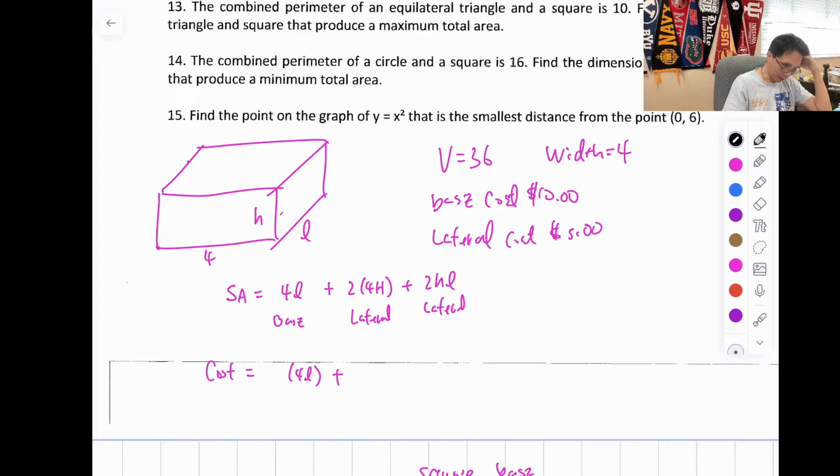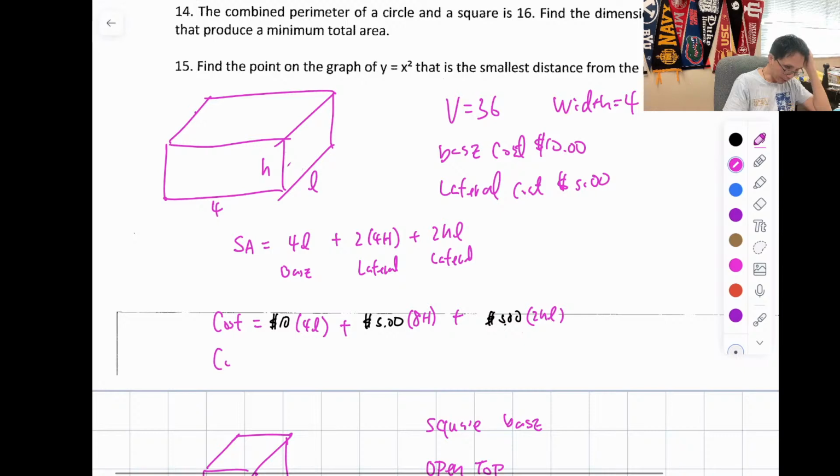This is $10, and this is $5, and this is $5. This one is 8H, and this one is 2HL. Am I going too fast?